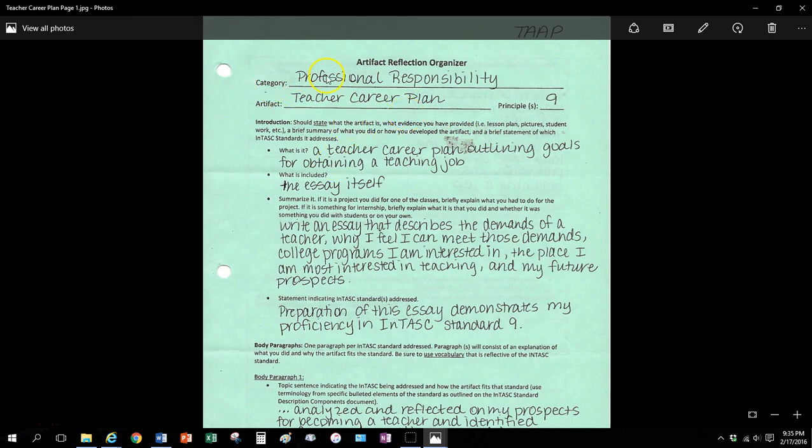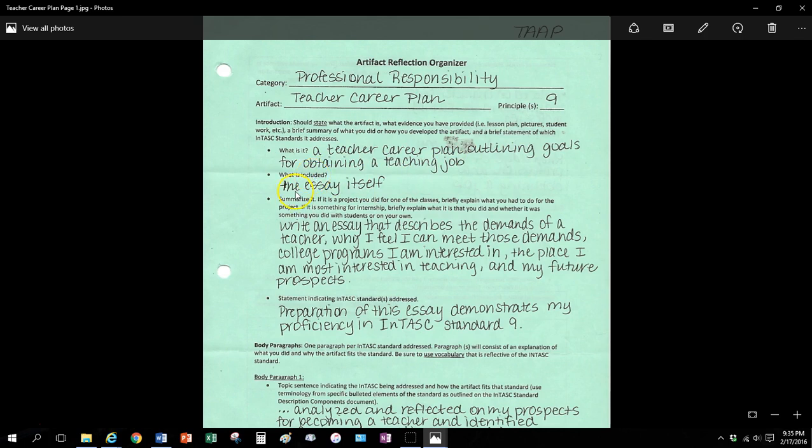This artifact goes into the professional responsibility category. The teacher career plan is the name of the artifact, and the standard that it meets happens to be in-task number 9, indicated right there. In my introduction, I'm going to state what it is: a teacher career plan outlining goals for obtaining a teaching job.